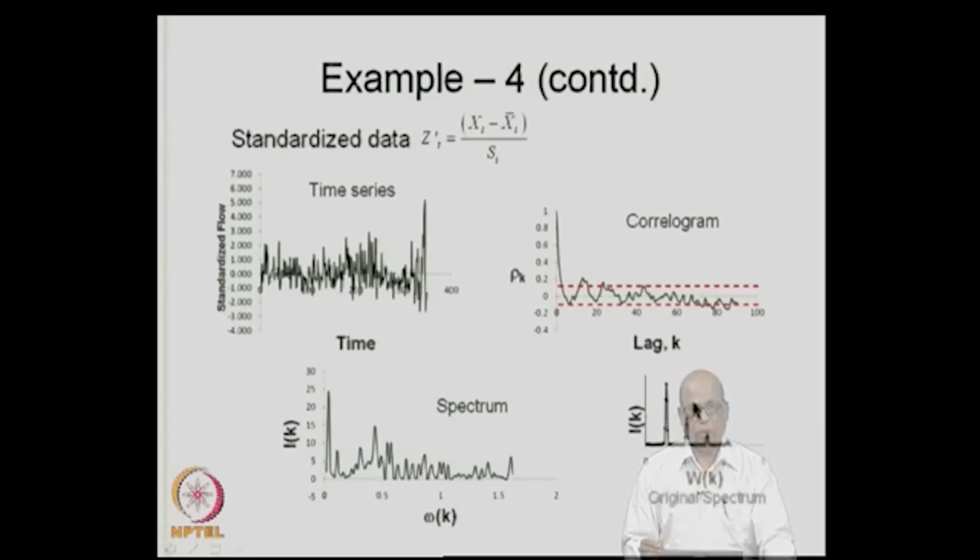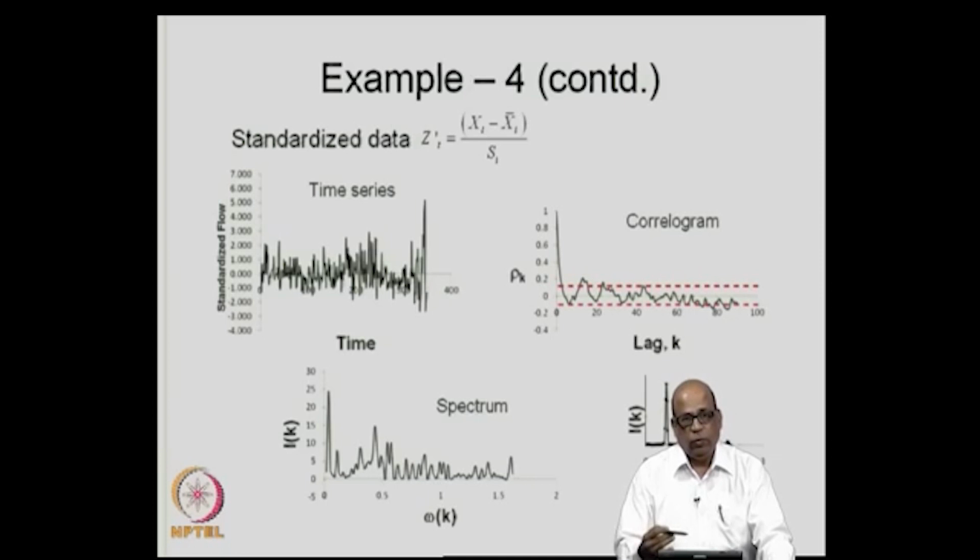Compare this with the original spectral density, you see that this spectral density indicates much more random data in comparison with the original data. So, standardization indicates that by standardizing we have removed the periodicities present in the data.